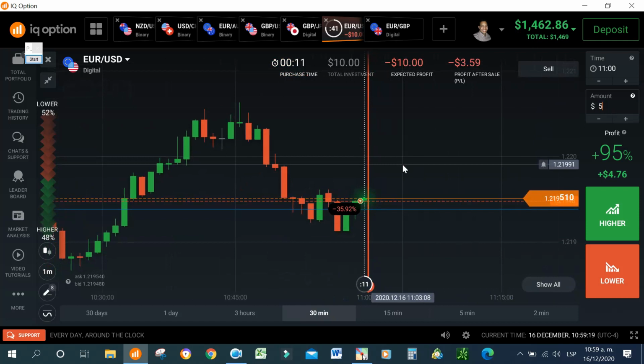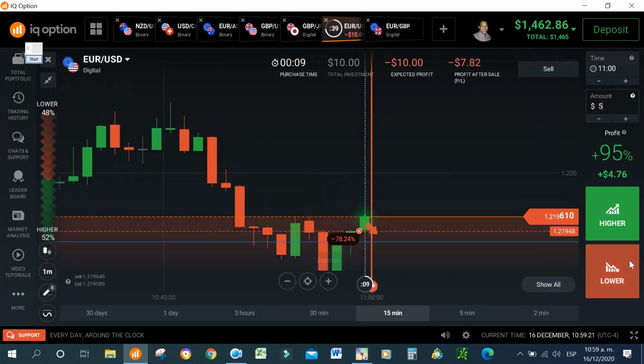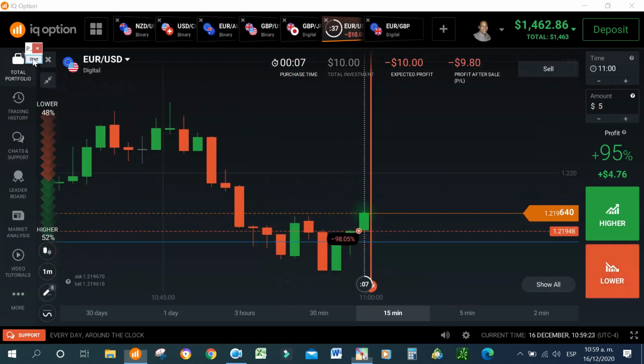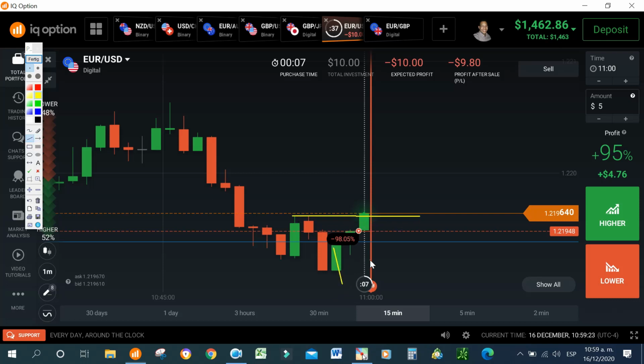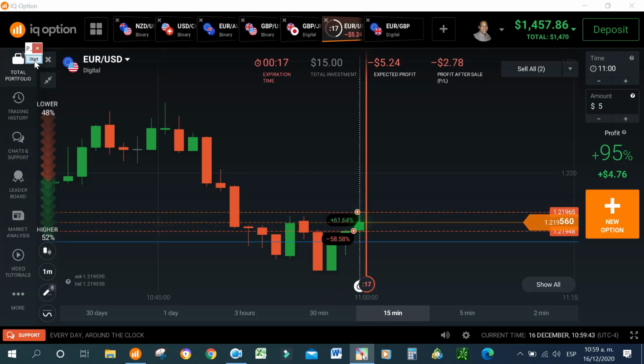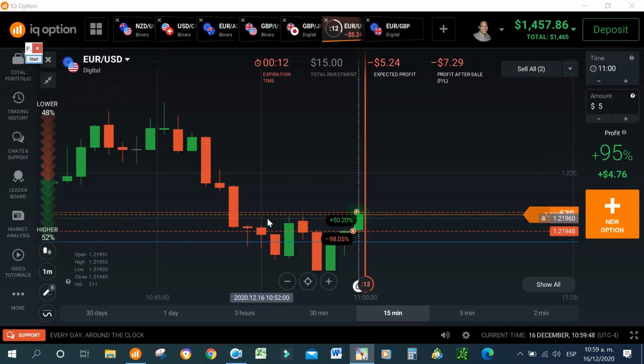And another $5 entry if the price touches that resistance level. This is a resistance level, guys. Let me tell you something. This candlestick and this candlestick, none of them have enough strength to keep going up. That's what I think. Let's see. Let's wait.